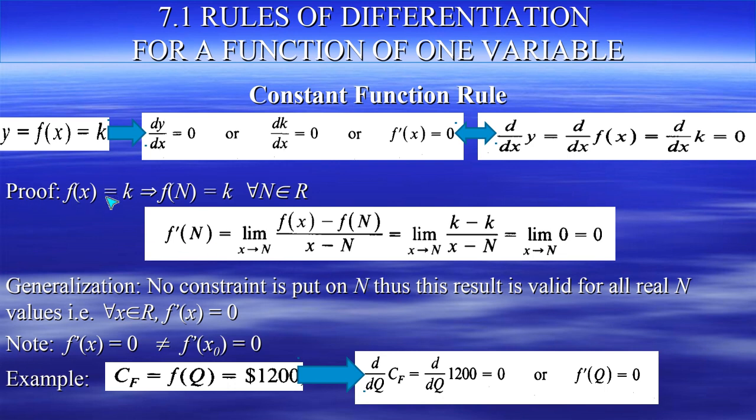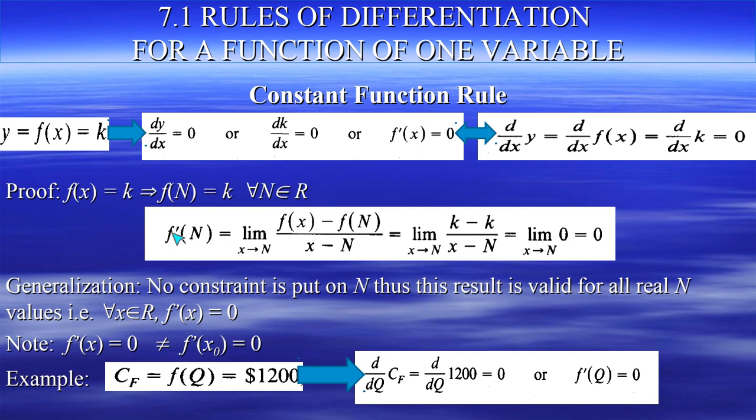The proof goes like this: f of x equals k, so f of a given value n would be equal to k as well. It's a constant function for all n being a real number.